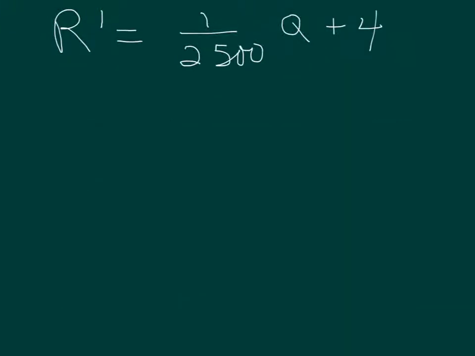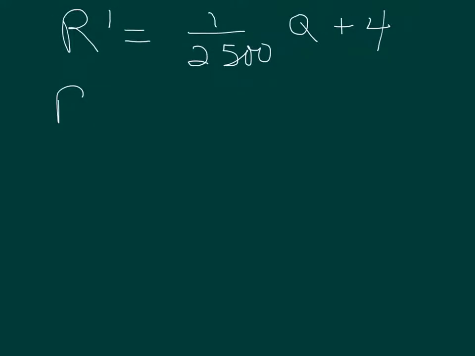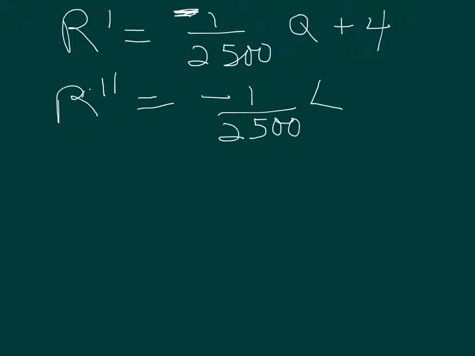Okay, so I rewrote our expression for R prime, which is the first derivative, which is also marginal revenue. And before I continue, I just want to put my negative here, because I wrote that incorrectly when I transcribed it. So now R prime prime equals negative 1 over 2500. No matter what Q I have, because there's no Q in the second derivative, this term is always less than 0.